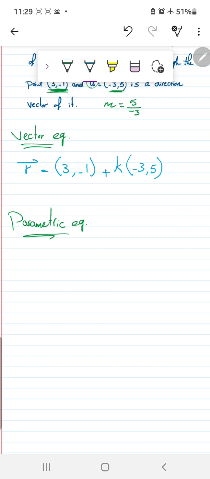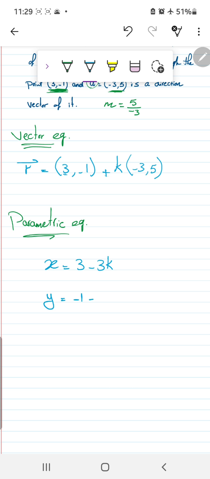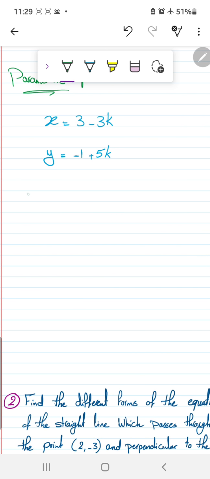Here, as we said, parametric: x equals and y equals. Here x equals what? 3 plus negative 3k. So it will be 3 minus 3k. And y equals negative 1 plus 5k. What about Cartesian?